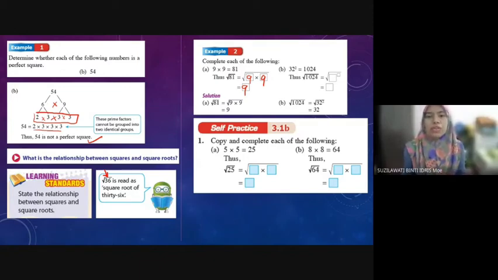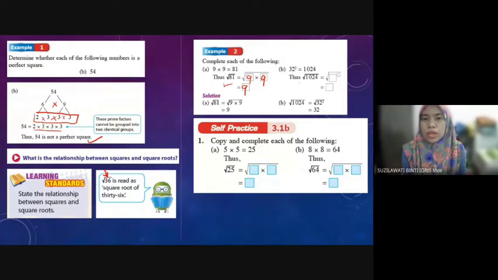How about this one? This is another example, this kind of number given to you like this. In example 2, B1, 32 square equals 1024.